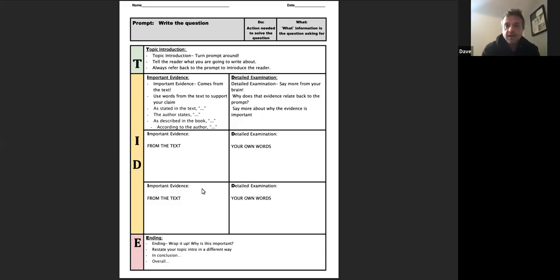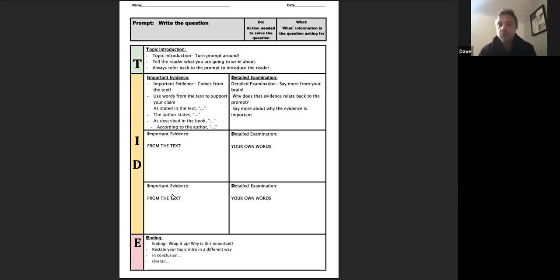Okay. As we move on, each of these, topic introduction, that's going to be a paragraph. Each set of this, important evidence with the explanation, that will be a paragraph. Important evidence with detailed explanation will be a paragraph, and the same with the last two. What I'm telling you is that eventually we're going to want to explain more than just one sentence of evidence.